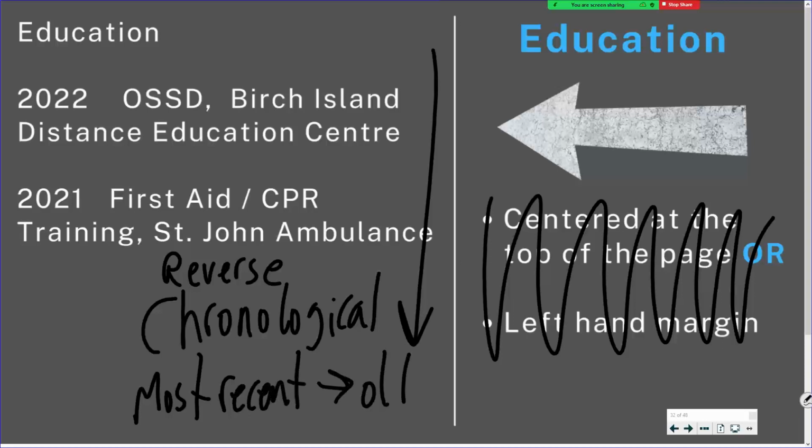Start with the most recent and go to the oldest. So you want to list your most recent stuff and go to your oldest stuff. So 2022 Ontario Secondary School Diploma, right? That's your high school. Followed by first aid training that you received in 2021.